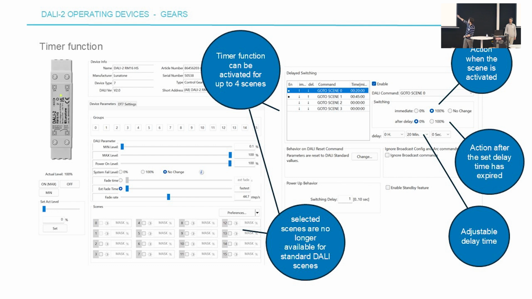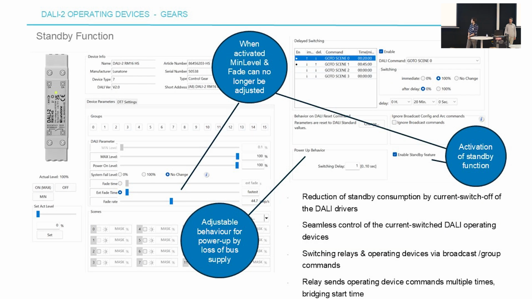On the right, you see here, if you go to scene 0, then it switches immediately to 100%, and you can even set the delay time of, for example, 20 minutes, and then you can change how the relay should act. There's also the standby feature, and you can adjust the behavior for the power up by loss of the bus supply, of course.